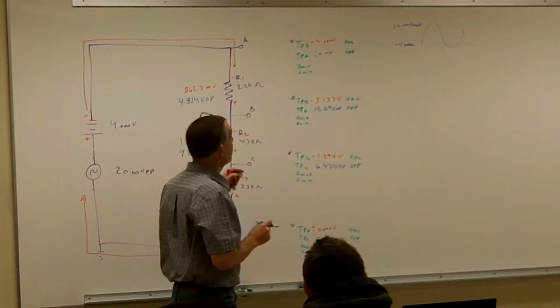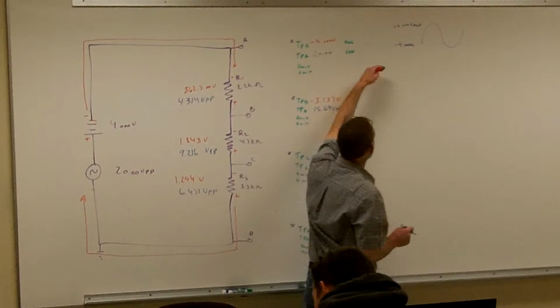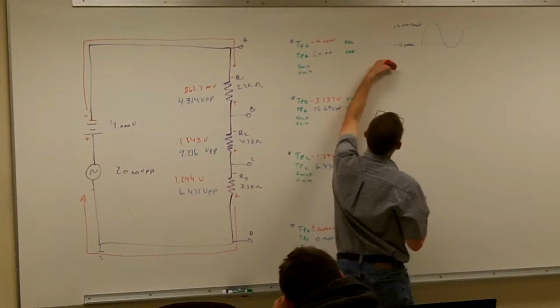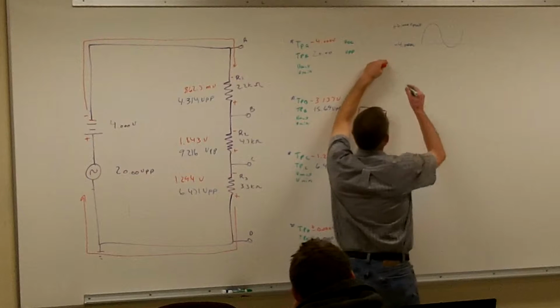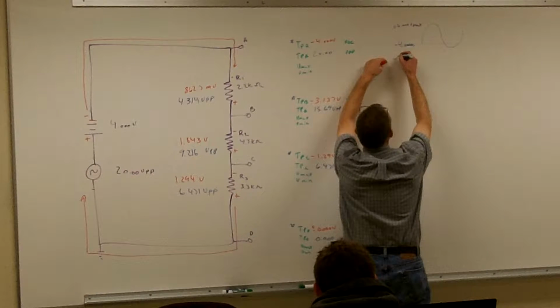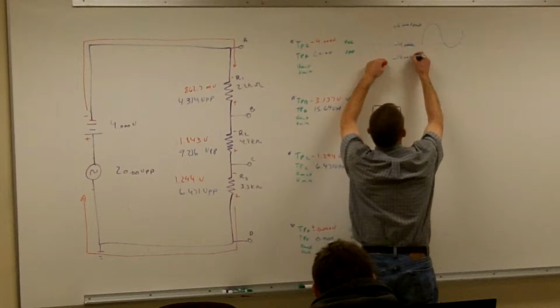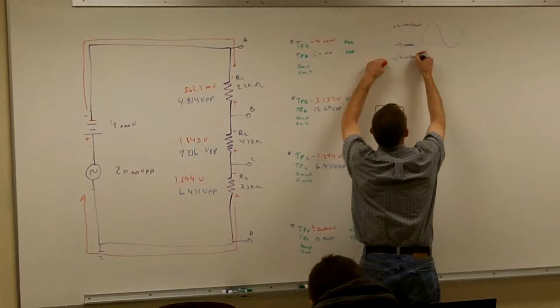Okay? Then what is going to be my Vmin if I know that I have 10 volts below it? Minus 14. That's going to be my Vmin.